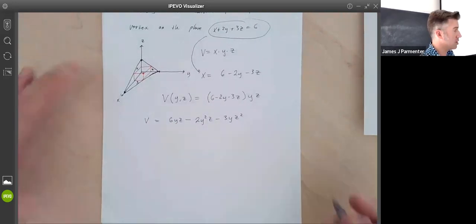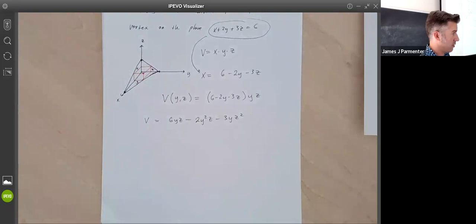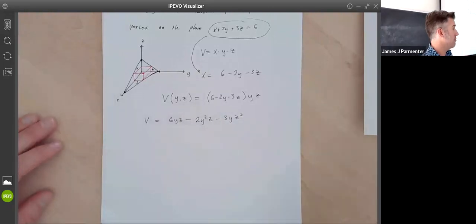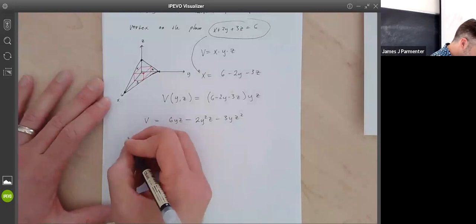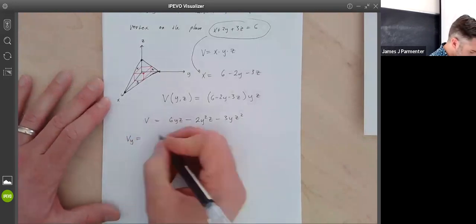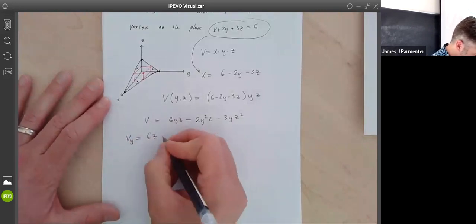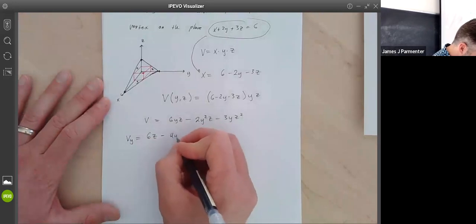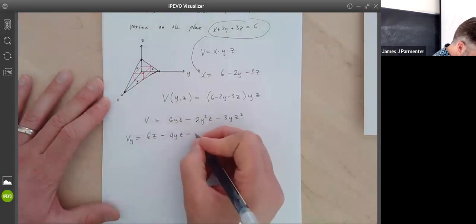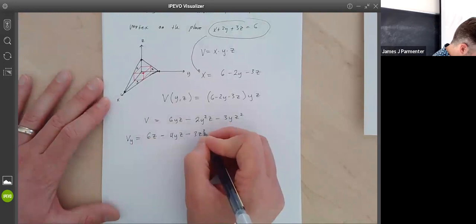And now we're going to do the usual thing when you have a function of two variables to try and maximize it. We're going to take the partial derivatives, set them equal to 0, and find the critical points. And then we probably should also check to see if it's actually going to give us a maximum volume. So my partial with respect to Y is going to be 6Z minus 4YZ minus 3Z squared.